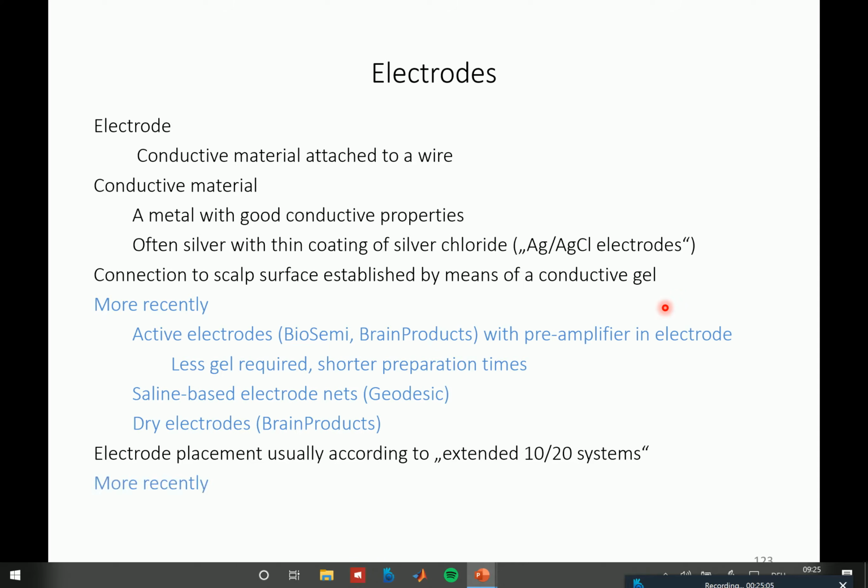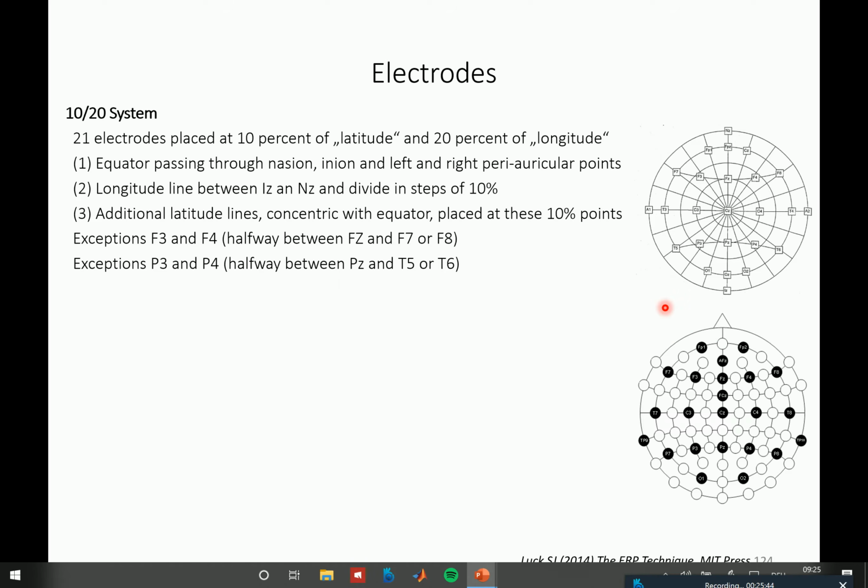But as you've already seen on the pictures, we now have these electrode caps where you still have to do like 2 measurements to situate the cap in the appropriate way, but you don't have to figure out the location of each individual electrode because they are just placed within the cap, and you just have to plug the electrode in. This can be improved using 3D electrode registration with respect to the participant head, which I will show you in a second. So first thing, what is this 10-20 system?